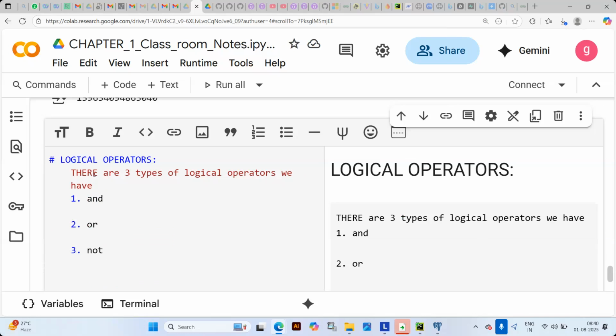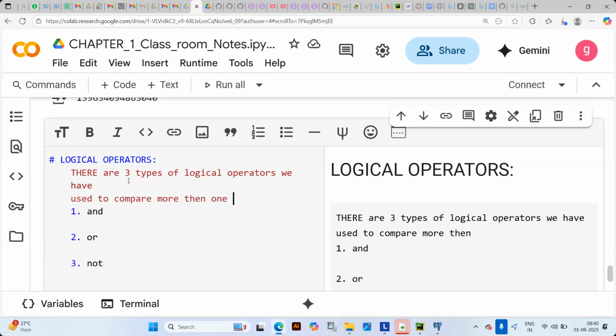Basically, these logical operators are used to compare more than one condition at a time. There are situations where we have to compare more than one condition at a time.